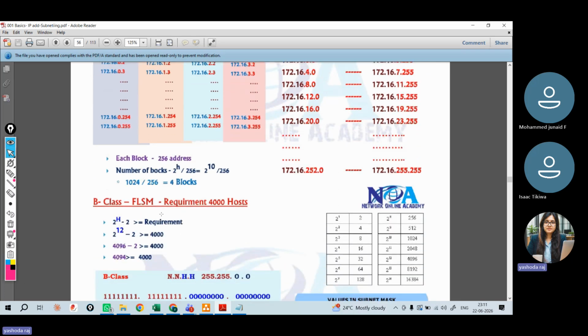Can you solve this same for 4,000 hosts? Do this one, then you do it for class A. One for class A, one for class B. Will you do this? Yeah, we will try.